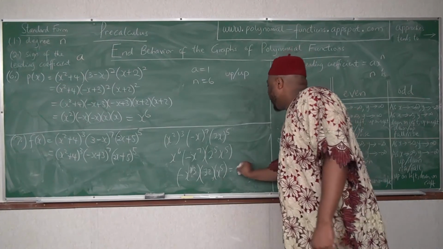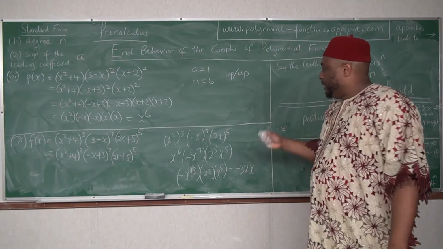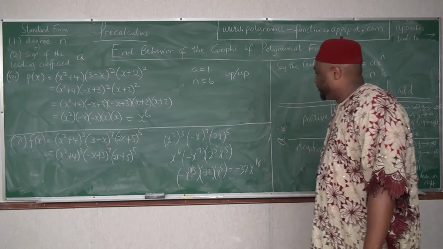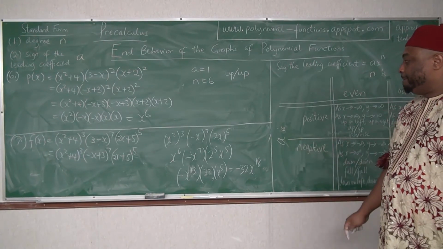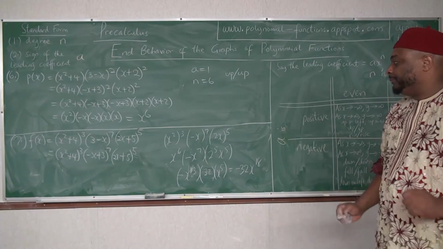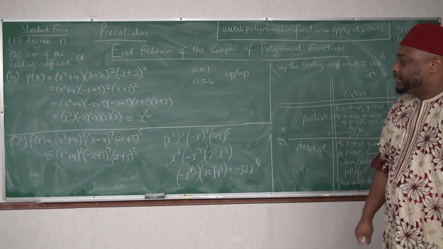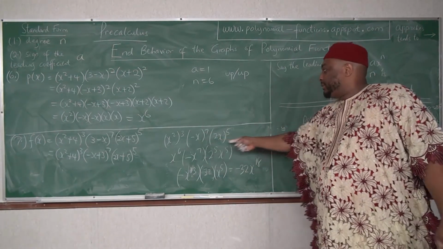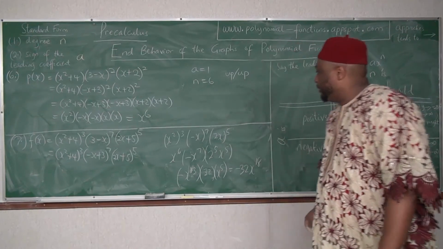So this gives us negative 32 x exponent 13 plus 5 is 18. X exponent 18. We see that? Does that make sense? So please, you can view my videos on exponents so you can become familiar with all this.